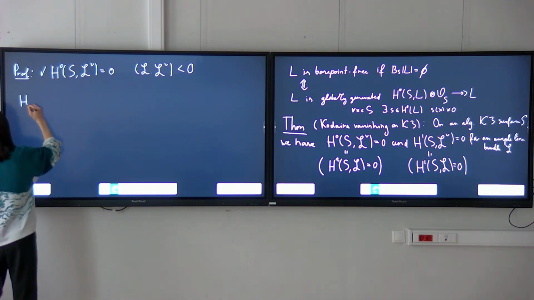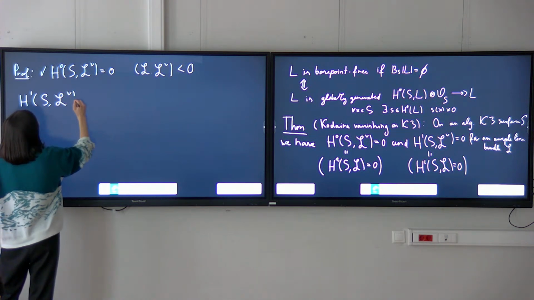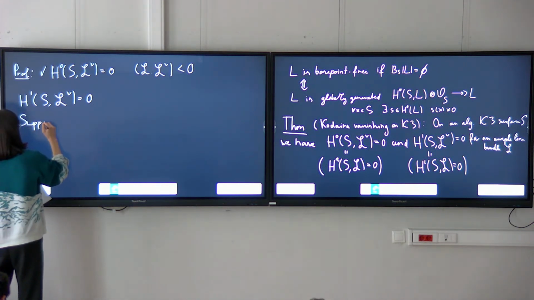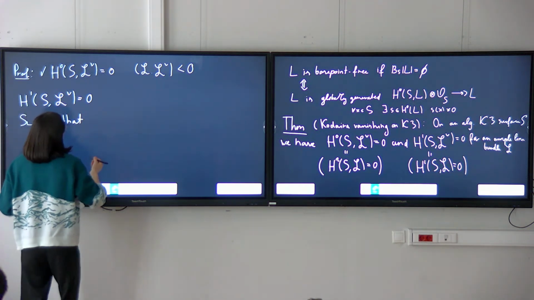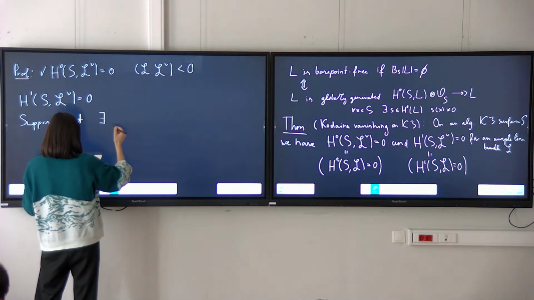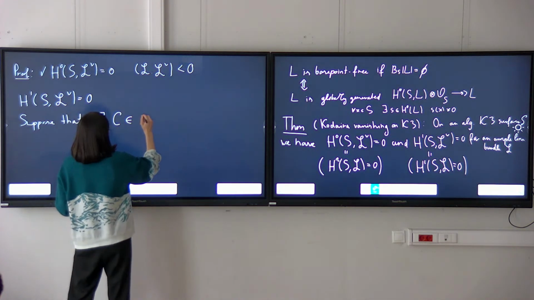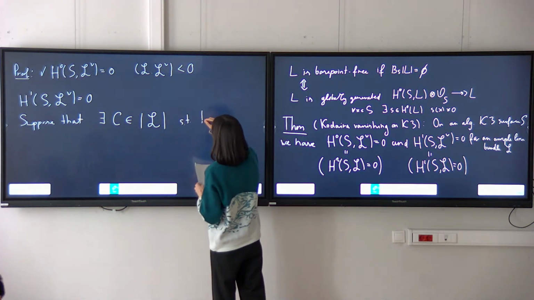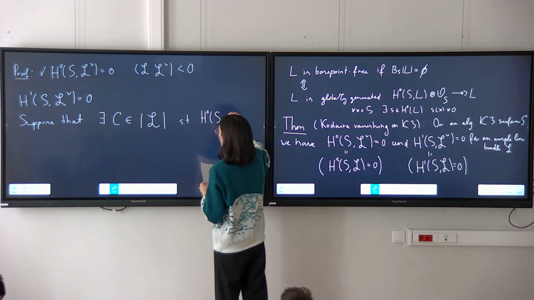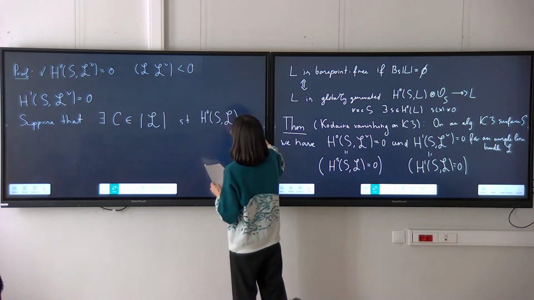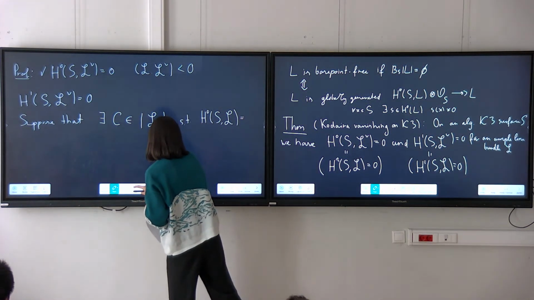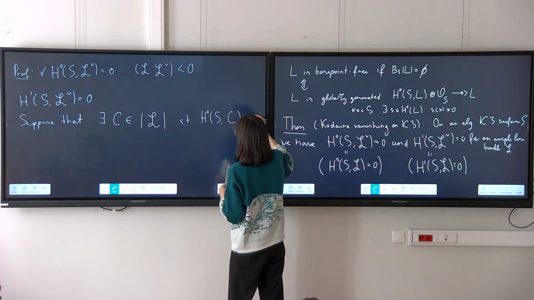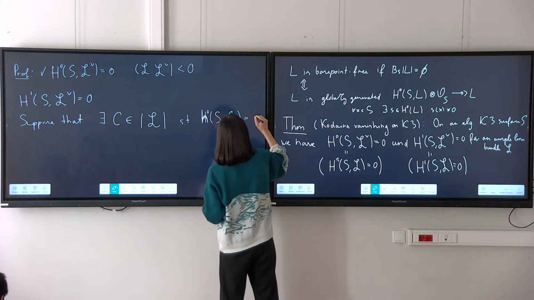And now this vanishing is more subtle. Suppose first that there exists a divisor in this linear system such that its global sections are one-dimensional, so the dimension of its global sections is 1.